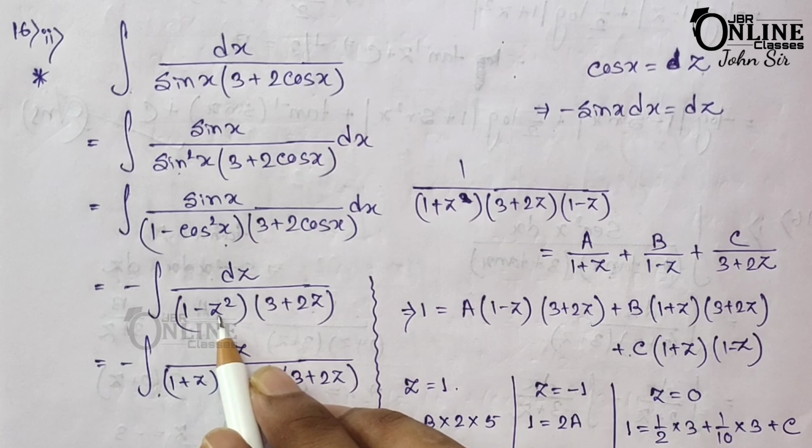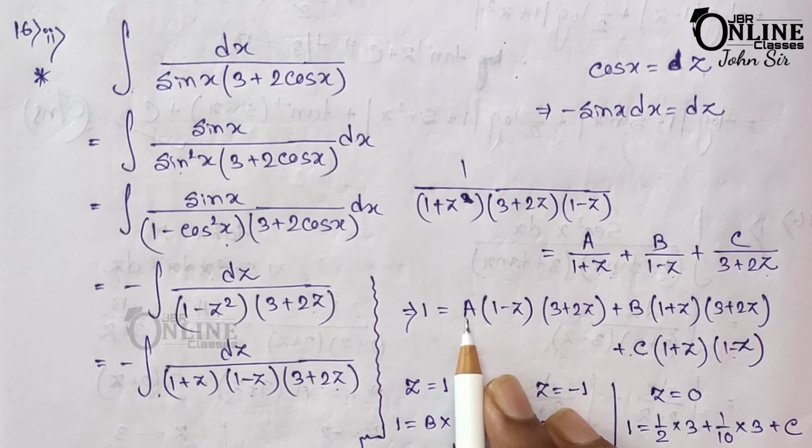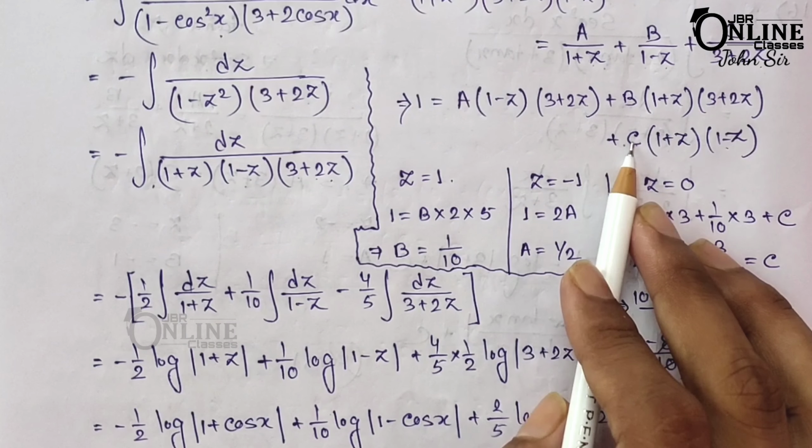Here the LCM will be this one, so this portion fully cancels out from both sides. So 1 equals a into this one and this one, then b into this one and this one, and last c into the first one and the second one. Clear? Now you have to find the value of a, b and c.